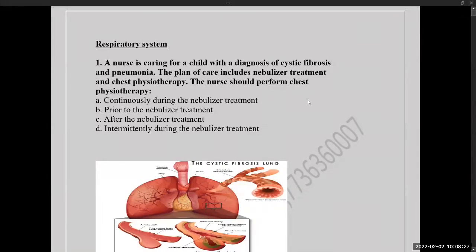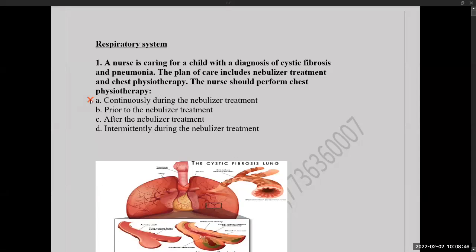Continuously during the nebulizer treatment, prior to the nebulizer treatment, after the nebulizer treatment, or intermittently during the nebulizer treatment. Remove the wrong answer first and then select the correct answer. So what is the wrong answer here?